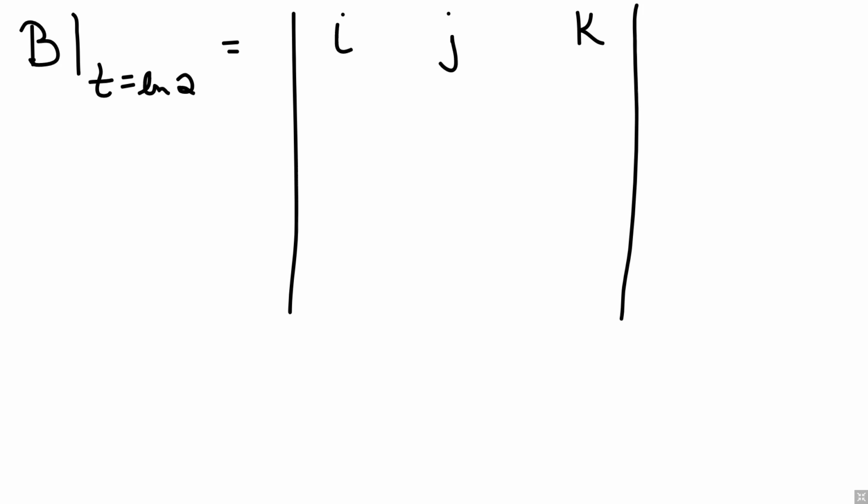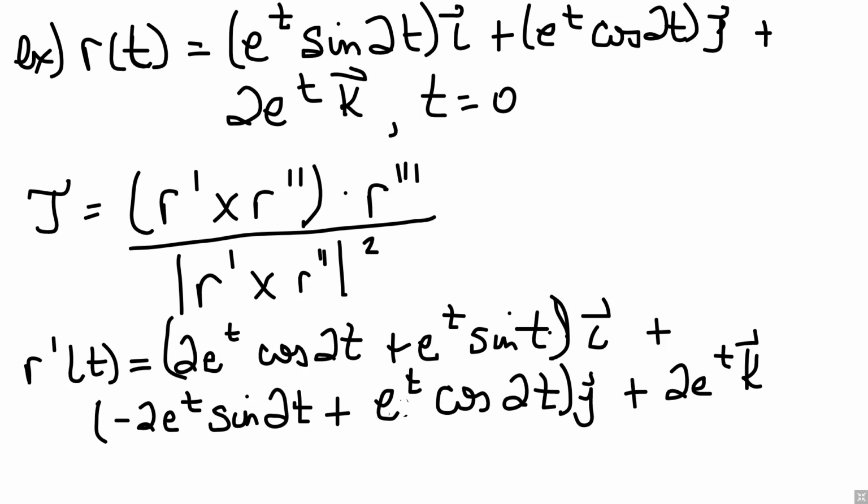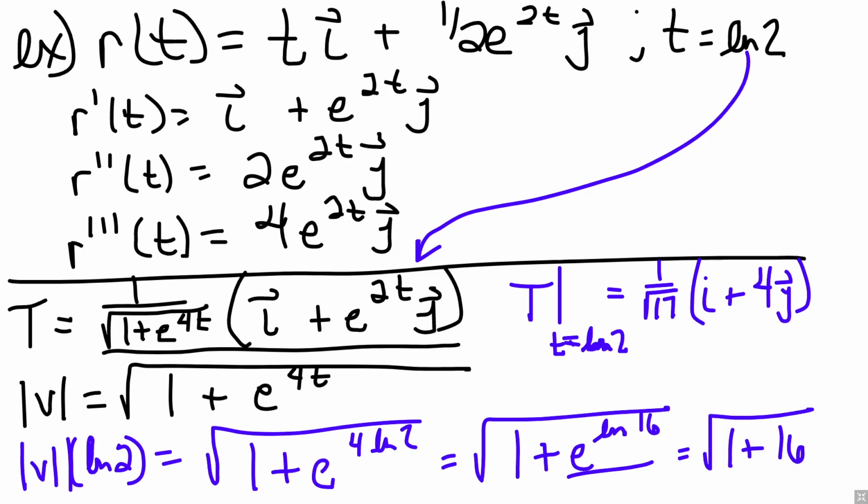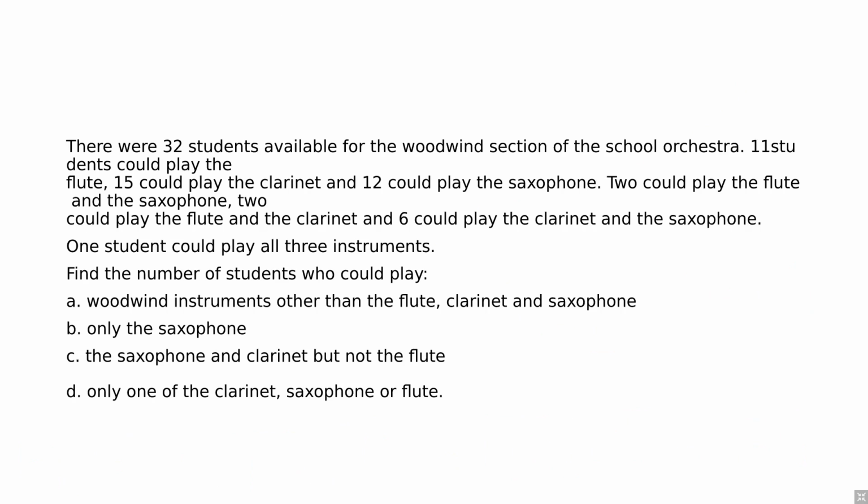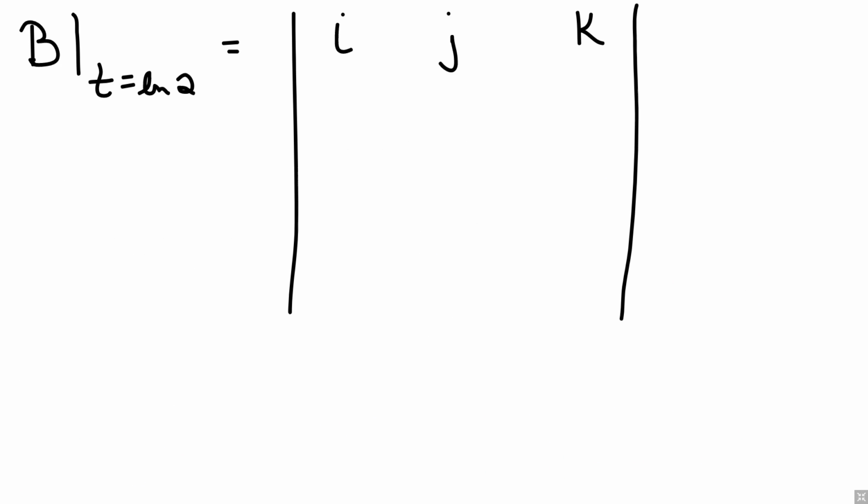We found the unit tangent to be 1 over the square root of 17 in the I plus 4 over the square root of 17 in the J, and we're going to put 0 for K.